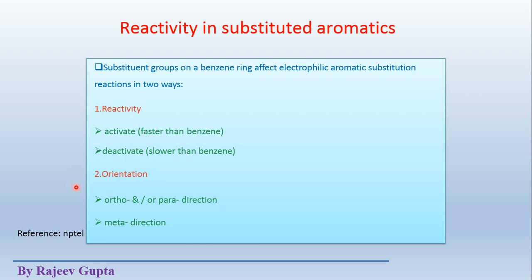And the second effect will be where the incoming electrophile will attach on the aromatic ring, because if the benzene ring is monosubstituted, because we are studying monosubstituted benzenes orientation, then there are ortho, para and meta, three positions available on the aromatic ring.